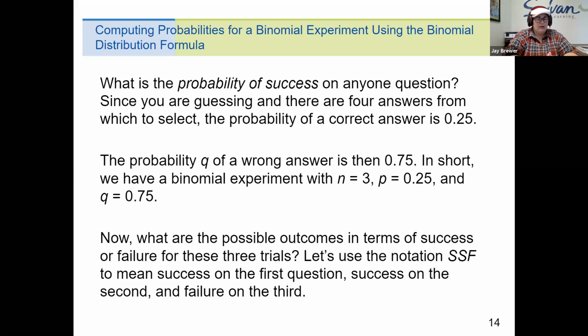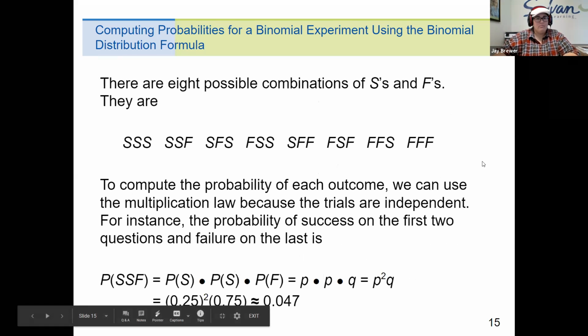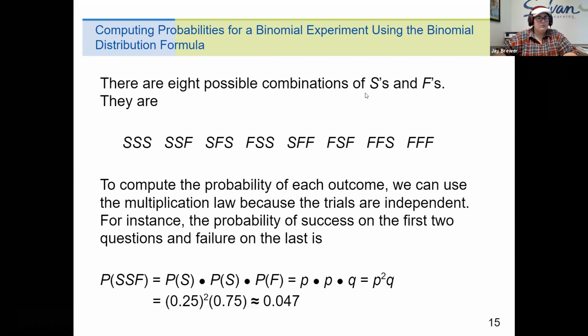Now that we have the possible outcomes in terms of success or failure of these 3 trials, let's use the notation SSF to mean success on the first question, success on the second, and failure on the third. There are 8 possible combinations of successes and failures, and they are written down here.